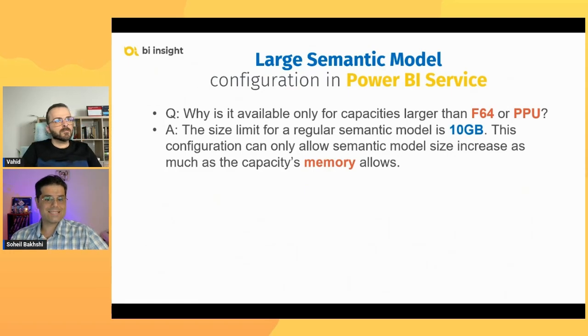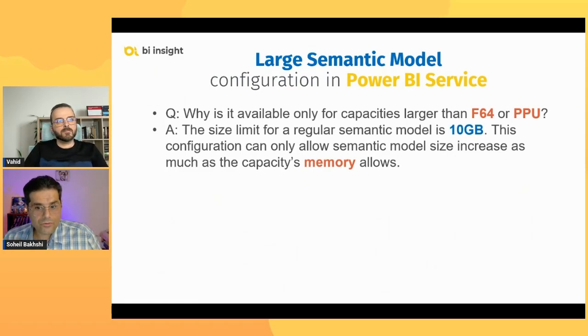The reason is that the size limit for regular semantic models on premium capacities, premium or premium per user, is 10 gigabytes. This is the configuration that can allow semantic model size to increase as much as the capacity's memory allows, right?